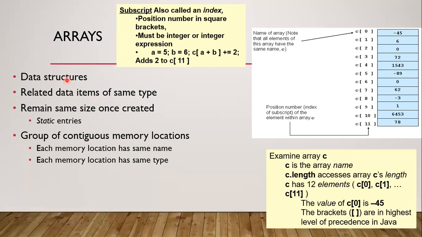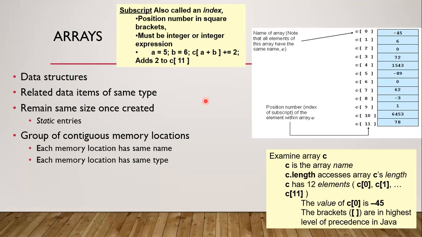So a data structure is a way, because we talked about the primitive data types. In Java, there are 8 primitive types. Others are user defined. But many times in programming languages, we need to collect existing primitive and non-primitive data types together and make a bigger structure. That is known as a data structure.